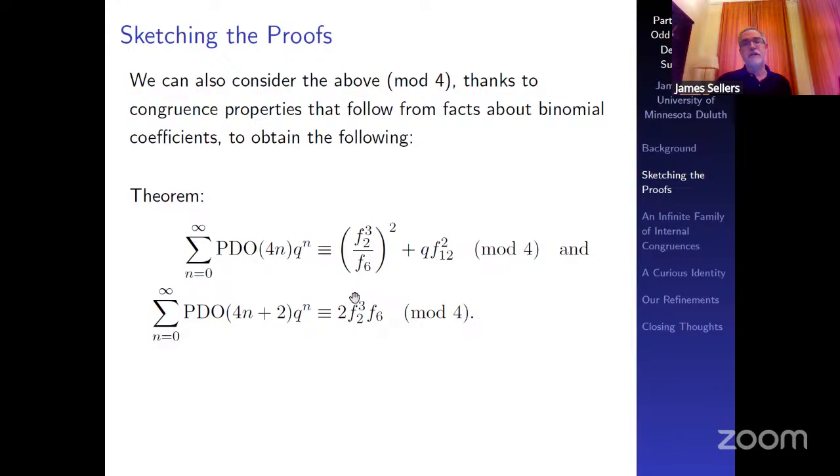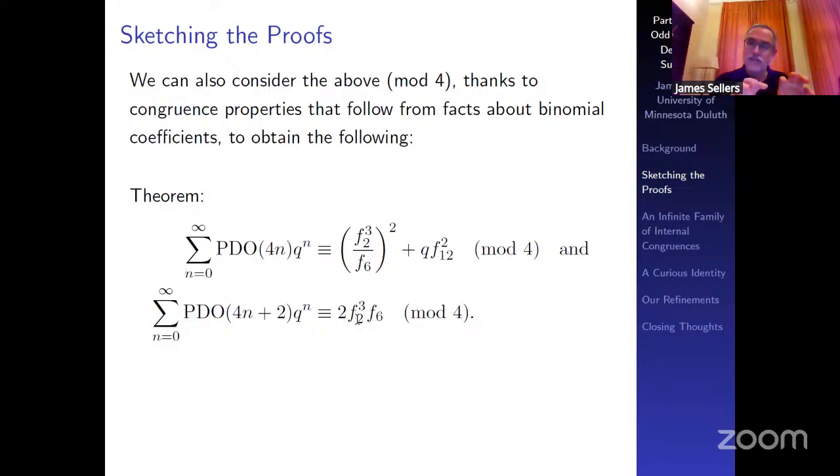And next, notice that this object is completely an even function of q. The 2 in the subscript and the 6 in the subscript are even. And so there are no odd powers of q when I expand this as a power series. And that means if I replace this n by a 2n plus 1, then the right-hand side will be 0 mod 4.